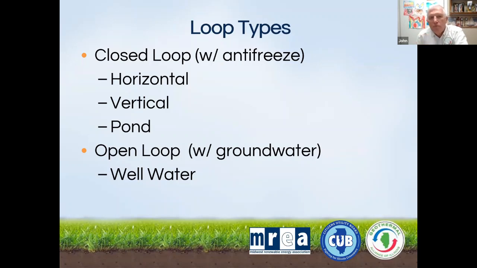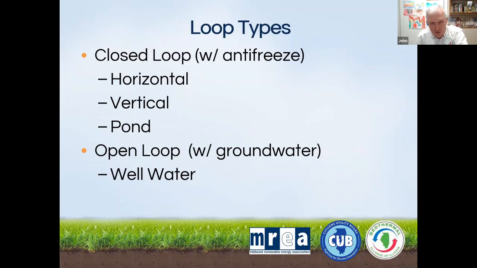But remember I said 98 or 99%, you could have an open loop system. These are not that common in Illinois, but they are common in certain parts of the state, primarily river towns like Rockford, Dubuque, the Quad Cities, where you have rivers going right through downtown areas and right through the cities.